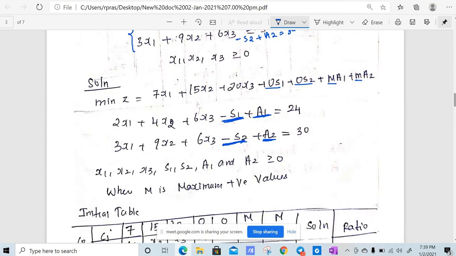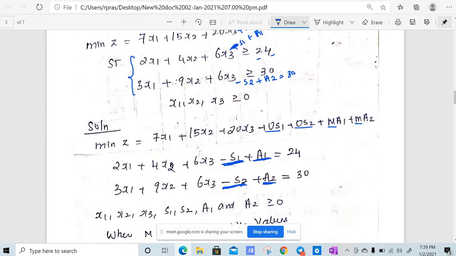Suppose our problem is maximum, we should write minus m a1 minus m a2. But since it is minimum, we should write plus m a1 plus m a2. Very easy, right?